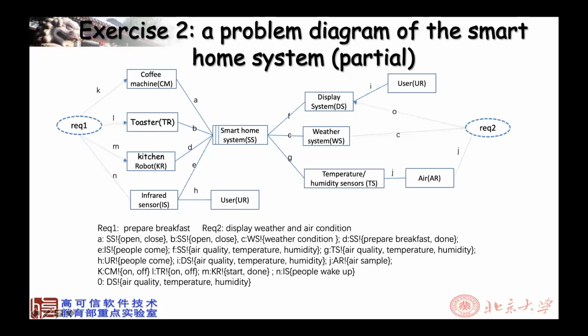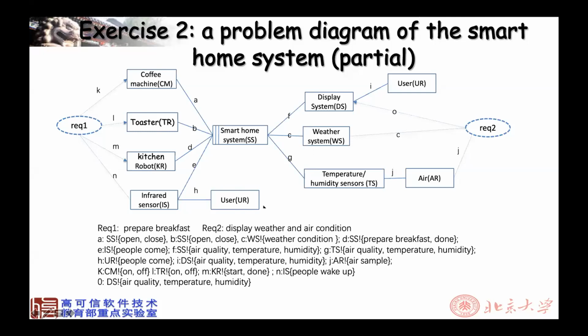And the sensors can sense if the inhabitant wakes up. So that means if the person wakes up in the morning, you need to turn the coffee machine on, and after finishing, you need to turn it off. Also the toaster, also the kitchen robot. That is for the first requirement.